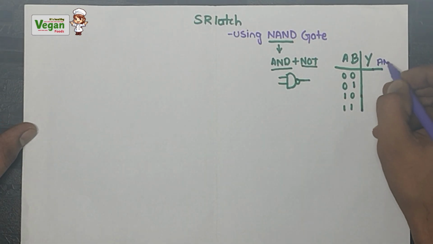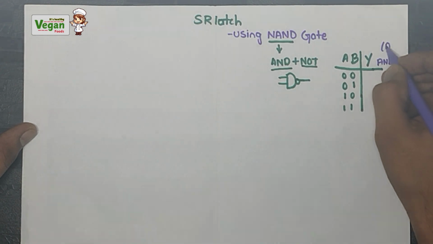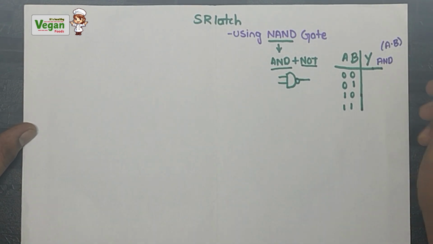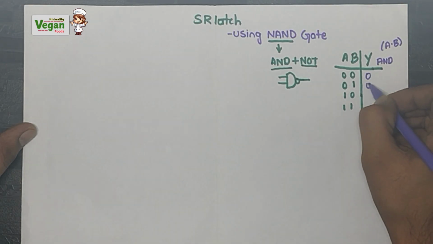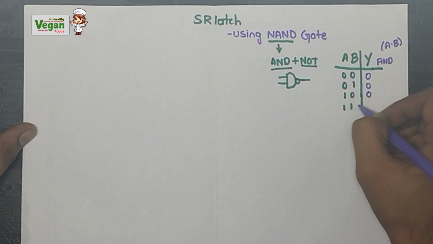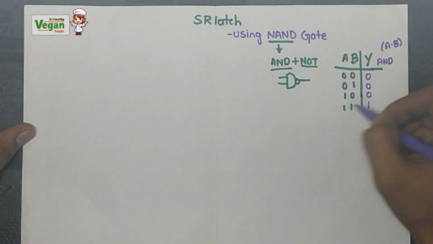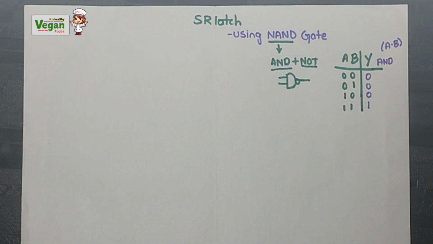For the AND gate, the formula is A into B. So 0 into 0 is 0, 0 into 1 is 0, 1 into 0 is 0, 1 into 1 is 1. If both inputs are high, the output will be high. Otherwise, in all situations, the output will be low. Low means 0, high means 1.